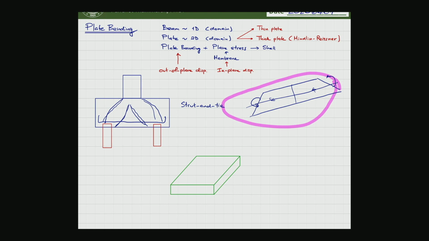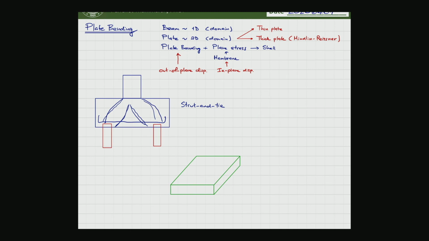It is useful, but you do not extend into cases where that formulation might not pick up the behavior as well as 3D elasticity. So 2D continuum elements or 3D elements will work out better.